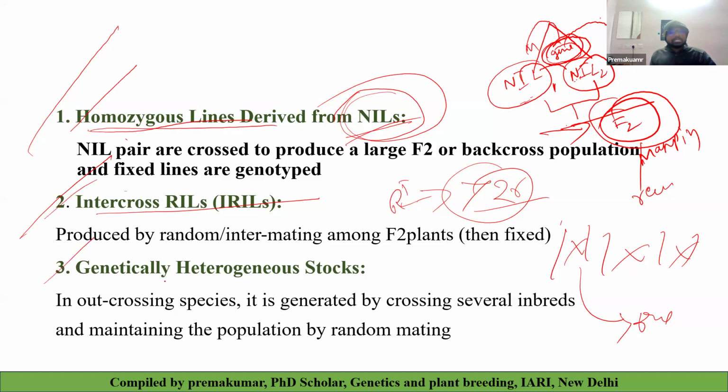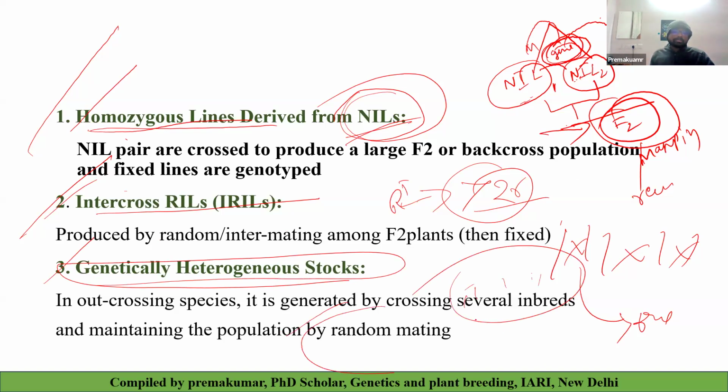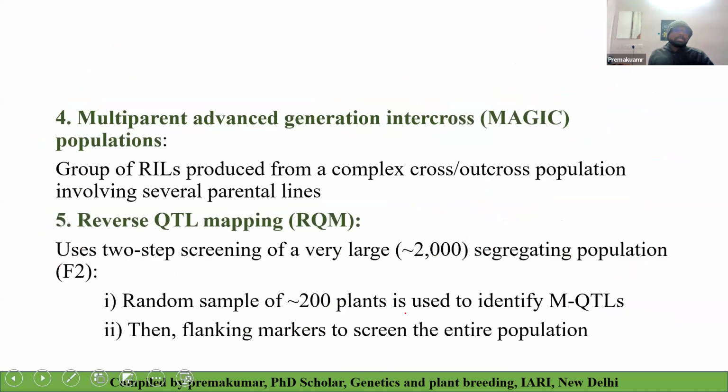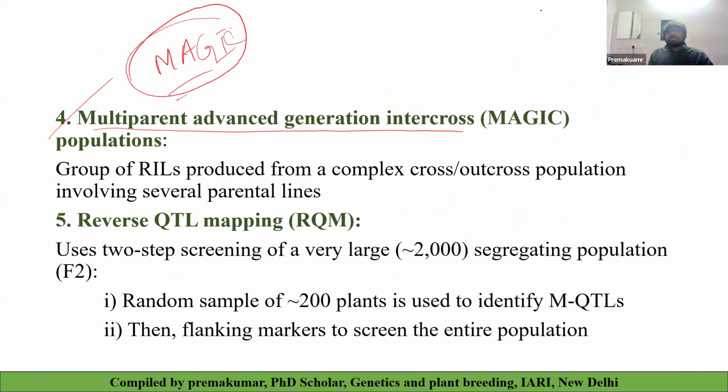Then we can use a genetically heterogeneous stock. Actually, it's intercrossing of individuals maintained by random mating. Then another approach is the multi-parent advanced generation intercross, MAGIC population. I have discussed in detail what MAGIC is. It means there will be eight founder lines.